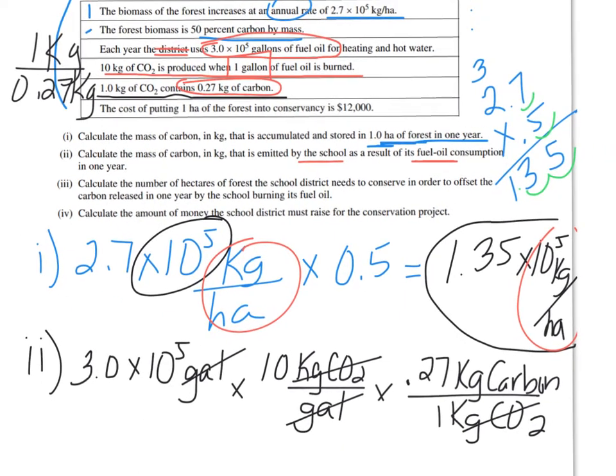So if you look down here, this given, it's a per also, it doesn't say per, but it is, so 10 kilograms of carbon dioxide when a gallon is burned.